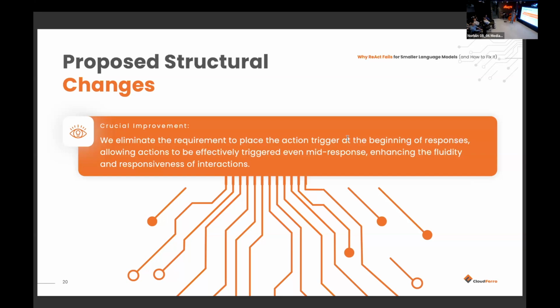The challenge is to hide those midstream action triggers during the response. And the other challenge is how to handle those, because the system will no longer be waiting for that action block to occur at the beginning of the stream, directly after the chain of thought.